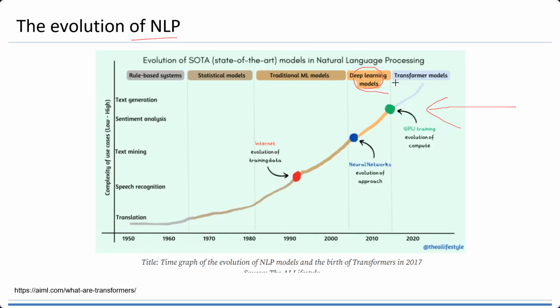But the transformer model works better than the deep learning models, and many people try to apply the transformer model in recent days. Instead of the basic deep learning model, they now go to the transformer models. Of course, when you work with the transformer model, you need high computational hardware such as a GPU.